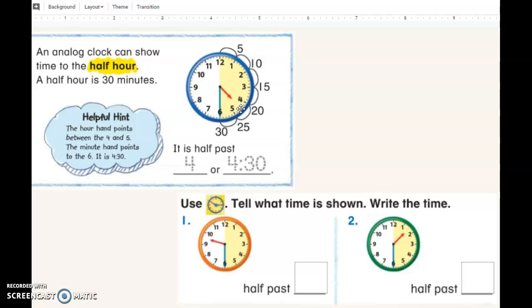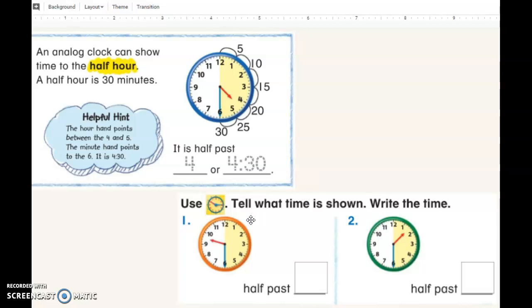The number that comes before is the 4. So with all that information, it is half past 4, or with numbers, we can say it's 4:30. This is a little tricky, so we'll take our time and try our best telling the time to the half hour.